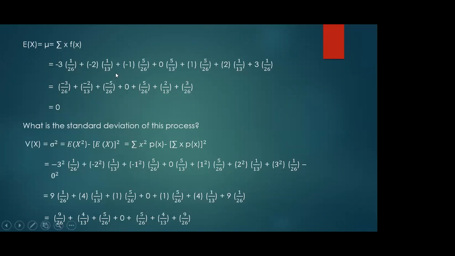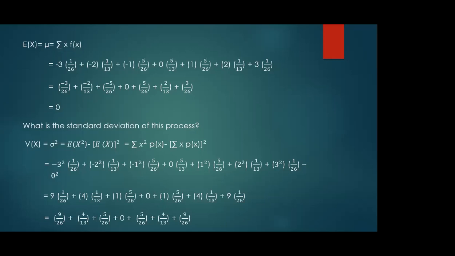So we can cancel -5 divided by 26 with positive 5 divided by 26, -2 divided by 13 with 2 divided by 13, and -3 divided by 26 cancels positive 3 divided by 26. So our expected value or mean in this case would be 0.